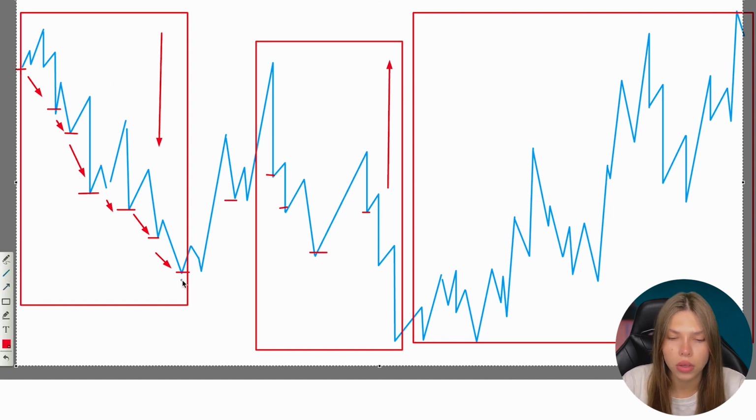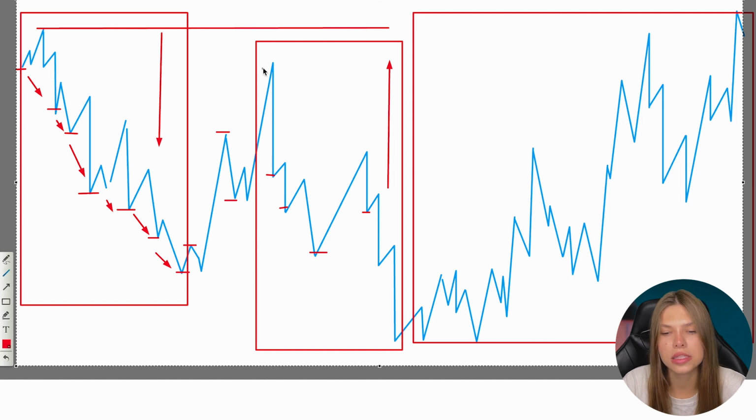Now we are not looking at the bottom point but the top point. It seems to have gone up here but it didn't update the previous maximum. Respectively, everything that happens here is not real and here we do not trade.